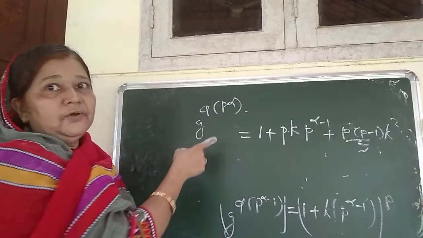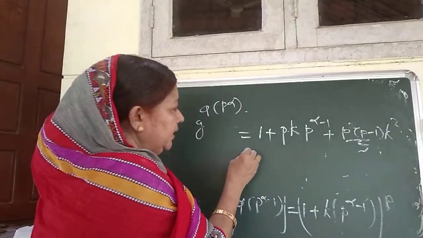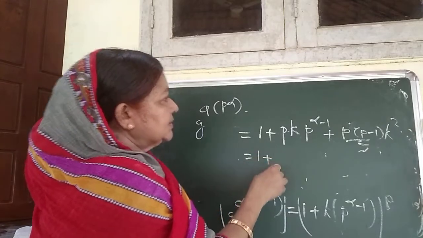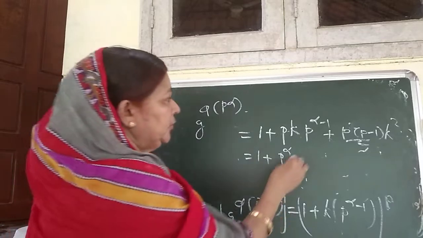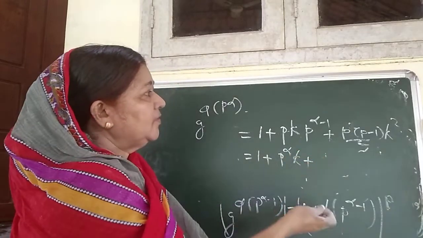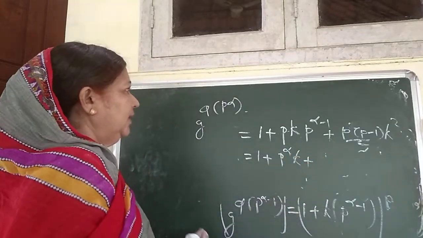G raised to phi of p raised to alpha is equal to 1 plus p raised to alpha into k plus higher powers of p raised to alpha.